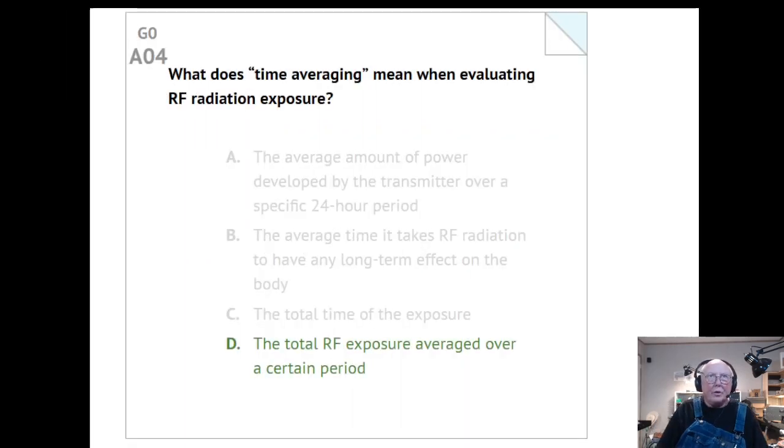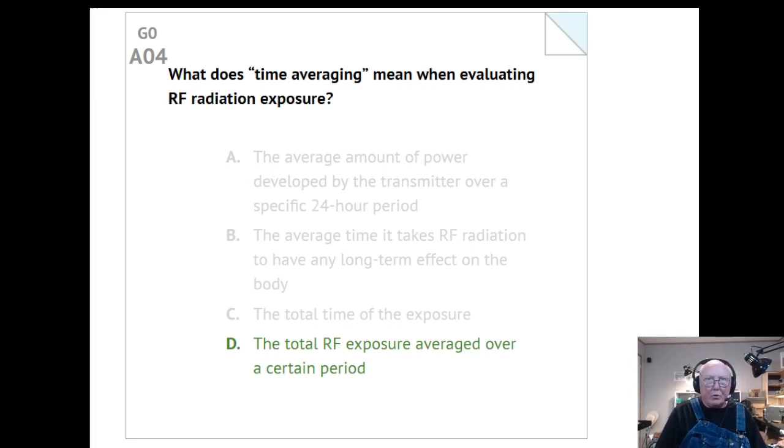Number 4. What does time averaging mean when evaluating RF radiation exposure? And that answer here is D. The total RF exposure average over a certain period of time would be a little more specific because it's time averaging.